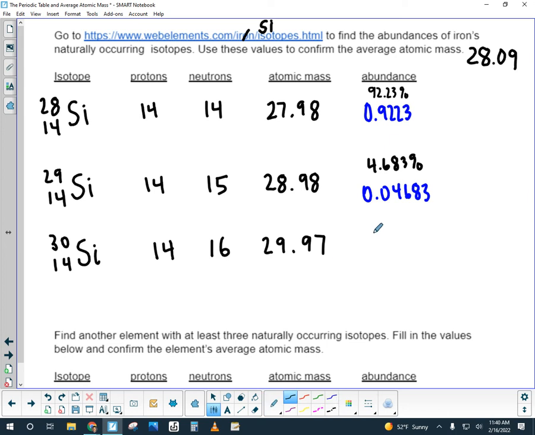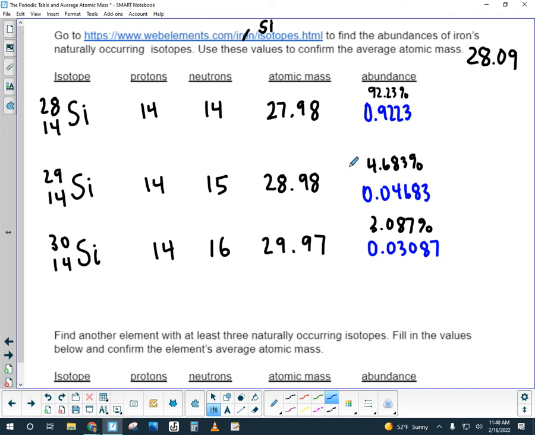And then for silicon-30, the abundance is 3.087%. And then as a decimal, that's 0.03087.